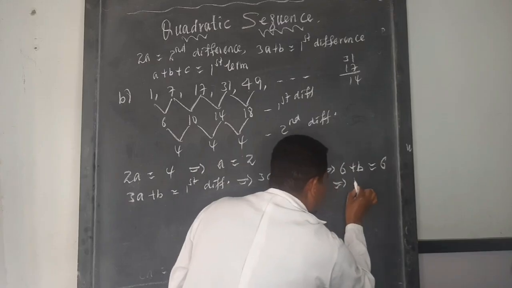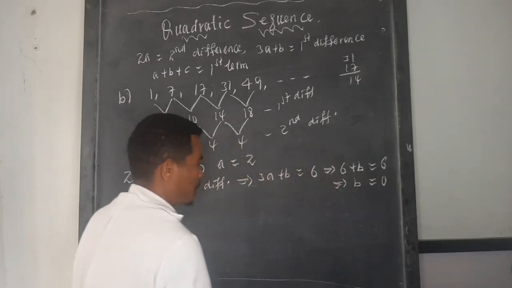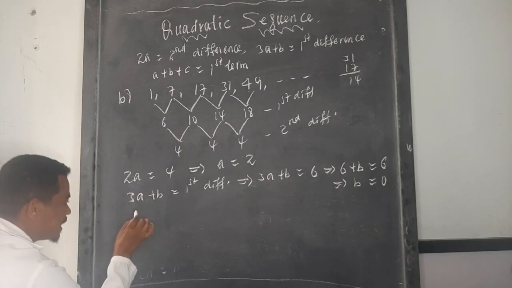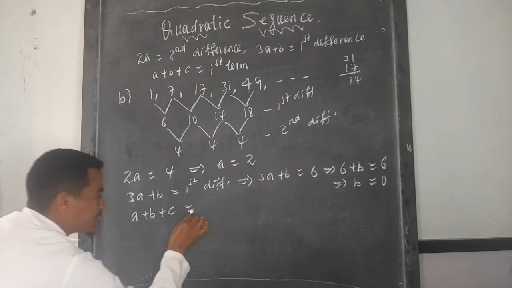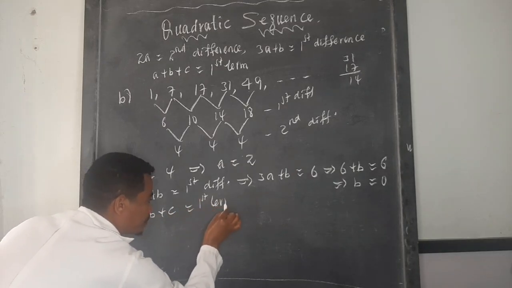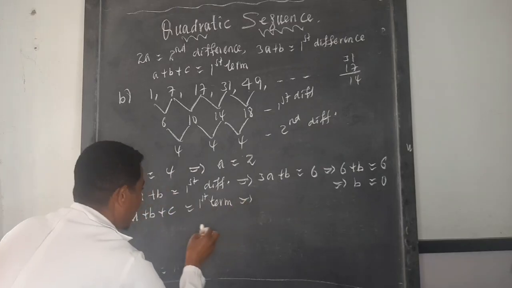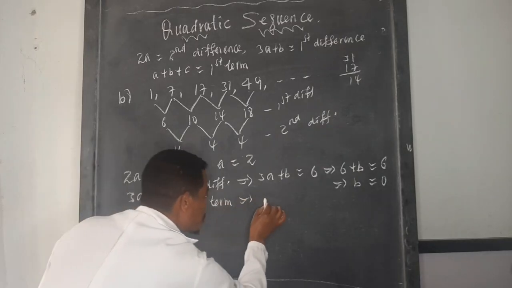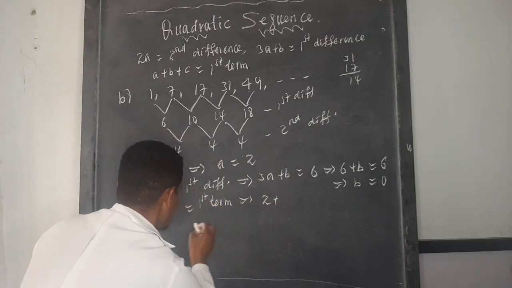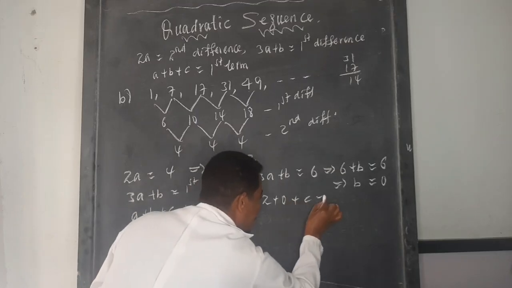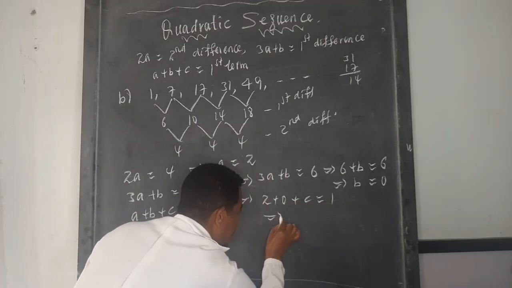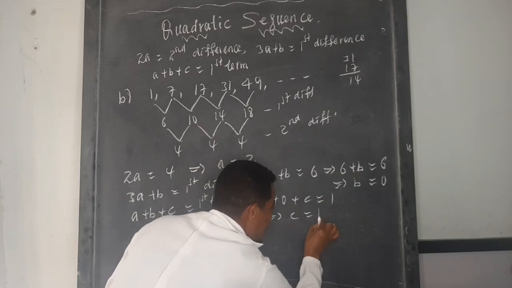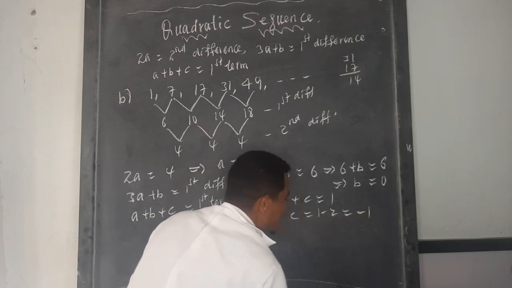This implies b is equal to 0. And the third one is a plus b plus c, which is equal to the first term. The value of a is 2, the value of b is 0, plus c is equal to the first term, 1. This implies c is equal to 1 minus 2, which is equal to minus 1.